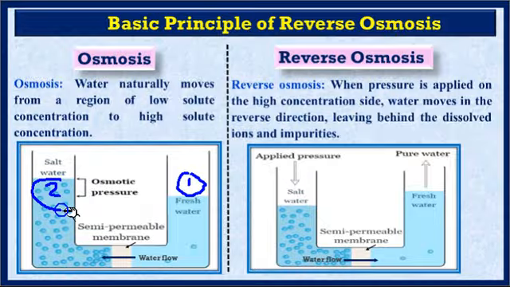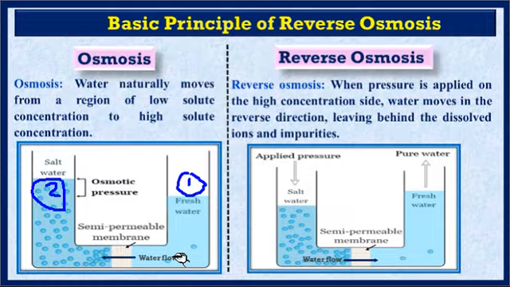In area number 2, highly salty water is present, and in area number 1, fresh water is present, and both areas are separated by the semi-permeable membrane.